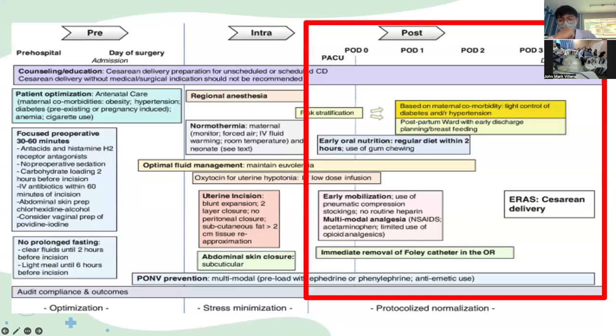And then, parang once tolerated na po ang diet. Yun po yung ano nila. Kasi as much as possible po, early oral intake na rin talaga, para mas improve ang bowel function.